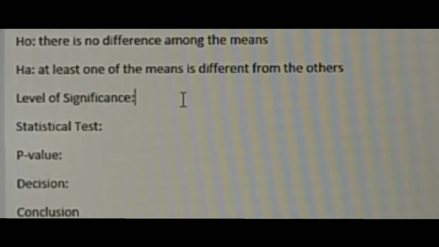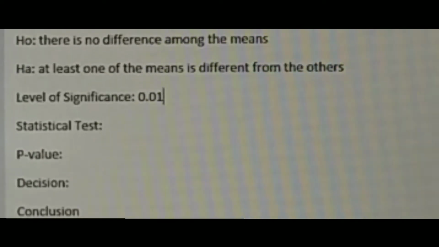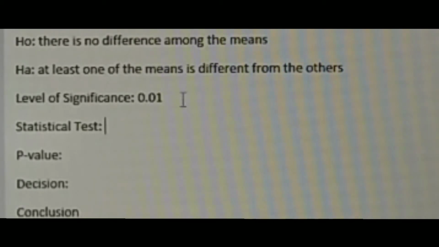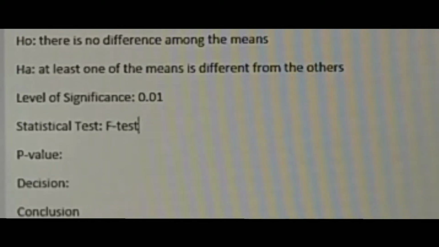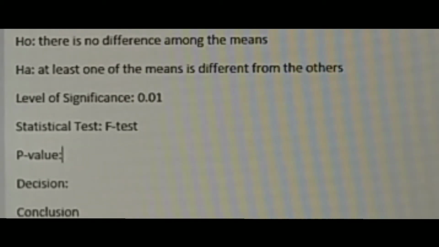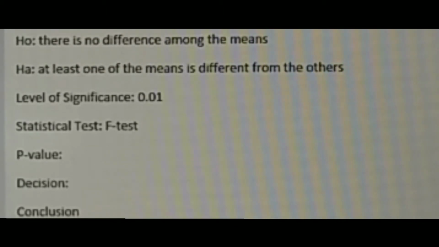Now, for the level of significance, we have 0.01. The statistical test, we have the F-test. For the p-value, we will use SPSS.